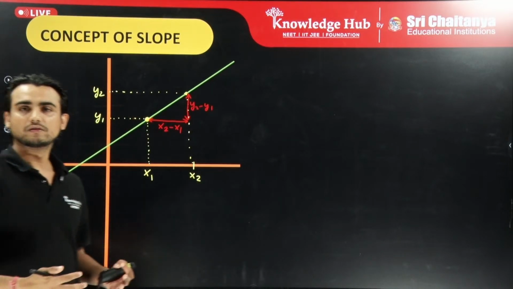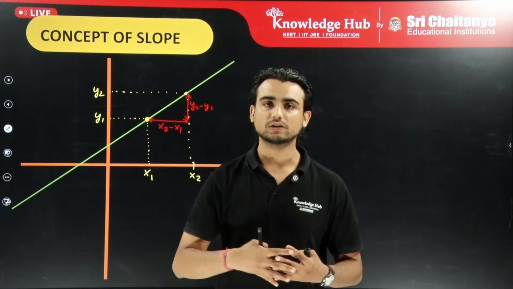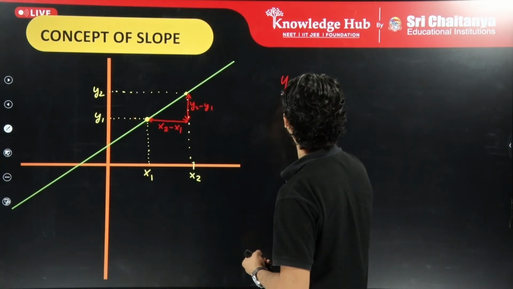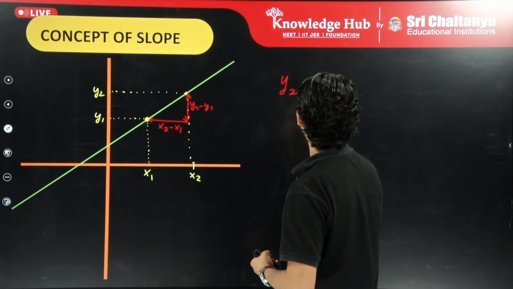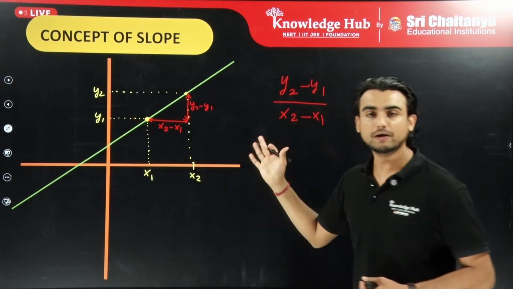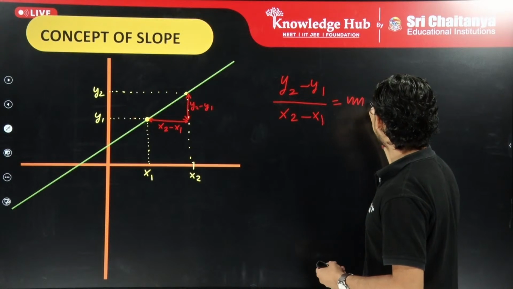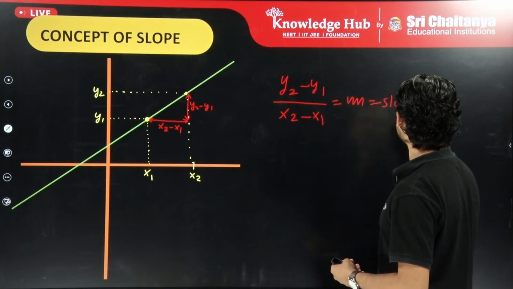So what was differentiation? Change of one variable with respect to other, or I will say the change of output variable with respect to input variable. And if you remember, what is this? This is basically my slope, right? This was the slope of my straight line.